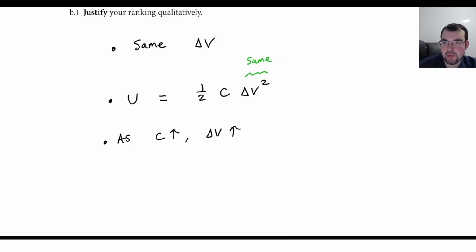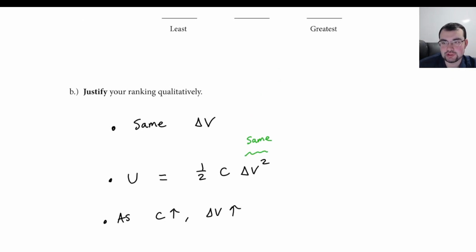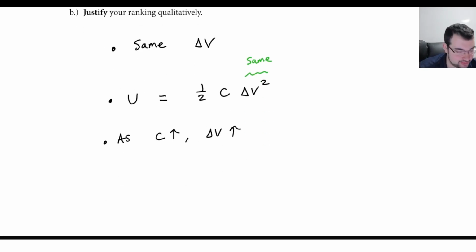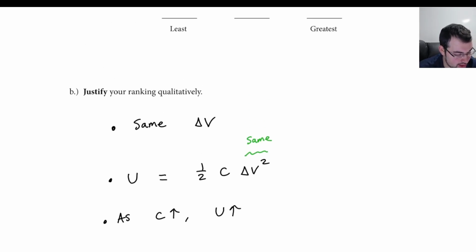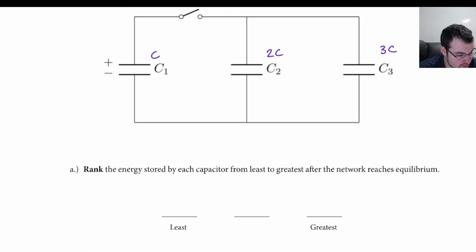Now, I will come back with a more qualitative justification. This at least gets us the answer. So C1 has the lowest capacitance, so it stores the least energy, then C2, then C3.